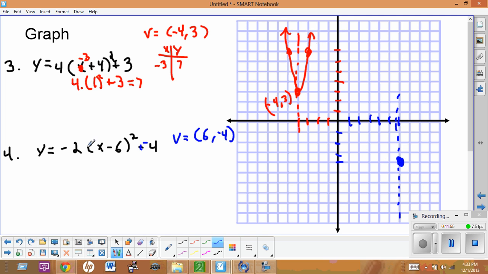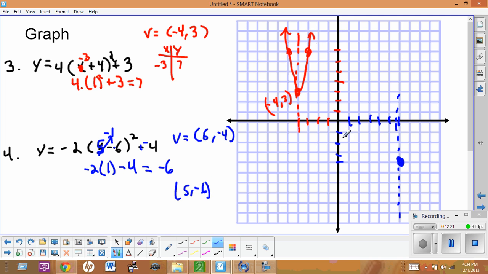So if this is at 6, I'm going to go 5. Slam a 5 in there. 5 minus 6 is negative 1. Negative 1 squared is positive 1. This is negative 2 times positive 1 minus 4 is negative 6. So we have a point at 5, negative 6.